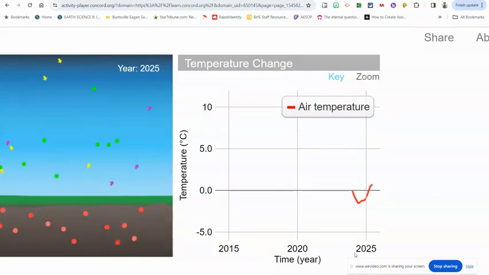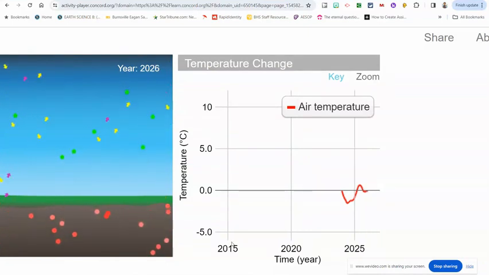The x-axis shows the year, and we started in 2024. It's current and we're moving forward. And the y-axis shows the temperature in degrees Celsius. This is a departure from a baseline. So we started at 0 and we're seeing what it does compared to that baseline.